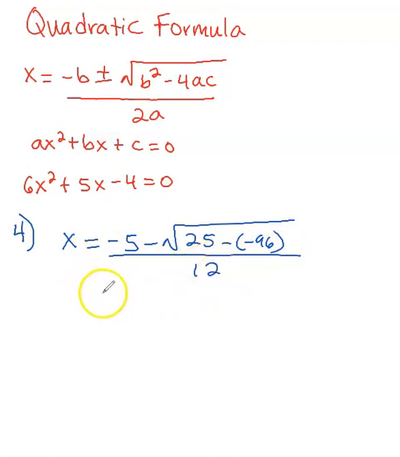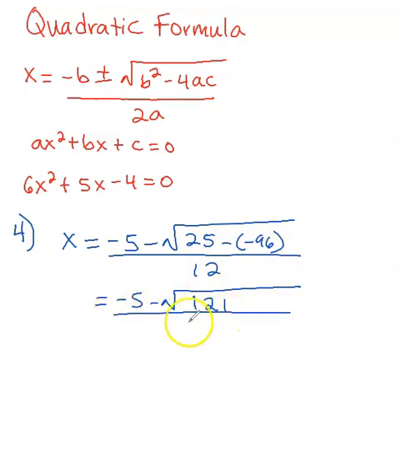So, this is the same as negative 5 minus the square root. 25 minus negative 96 is the same as 25 plus 96. So 25 plus 96 is 121 over 12. Okay. Now step 5 will be, now negative 5 minus the square root of 121 is 11 over 12.